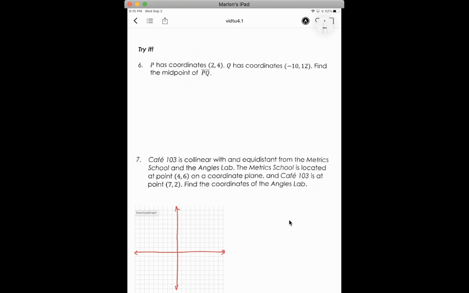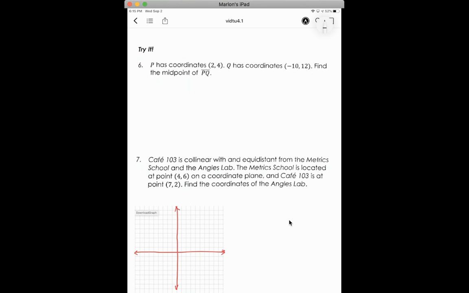All right, so as you notice, they already gave us a couple of values, P and Q. And it's asking us to find the midpoint of PQ. So, although we have coordinates, is it necessary to graph the points?